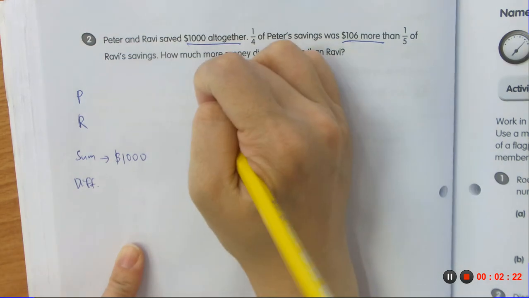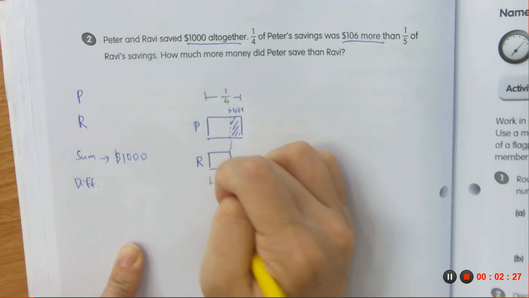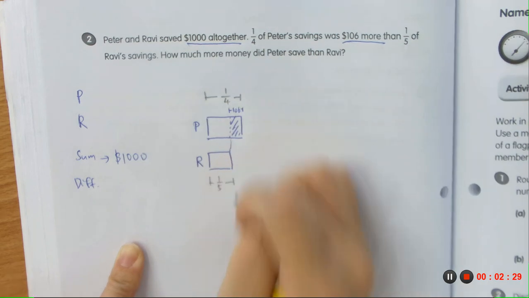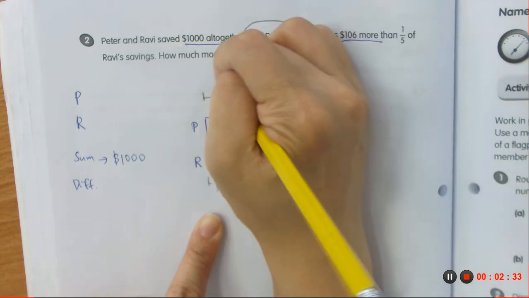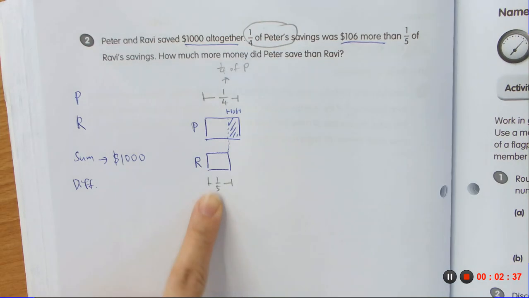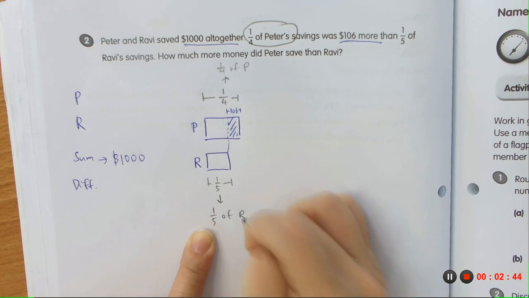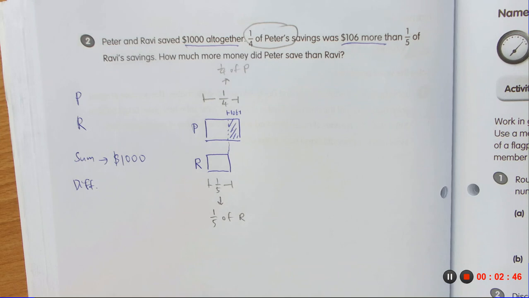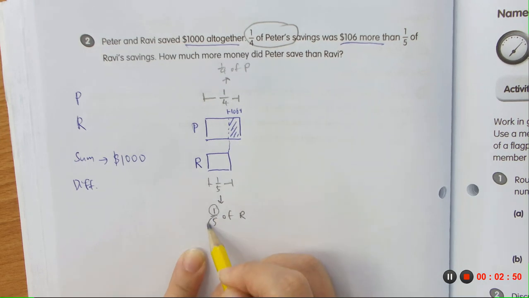You want to recognize that this is what one part is. It is 1/4 of Peter, so this is 1/4 of Peter's money. This one for Ravi is 1/5, but this 1/5 is 1/5 of Ravi, meaning one part of Ravi's money.